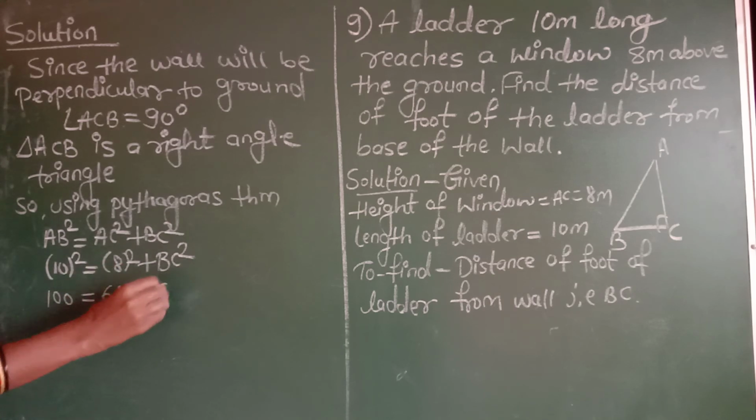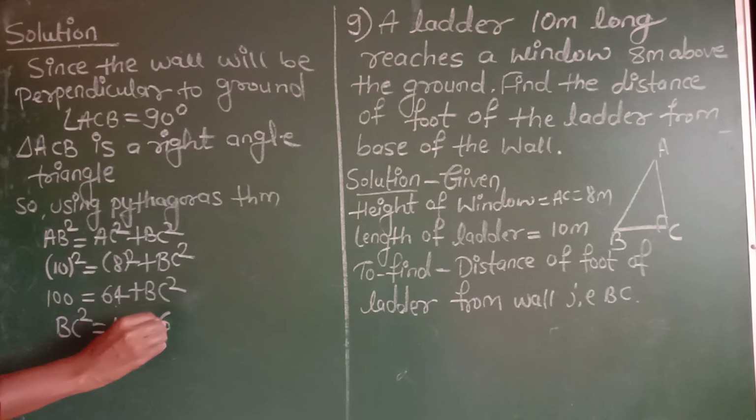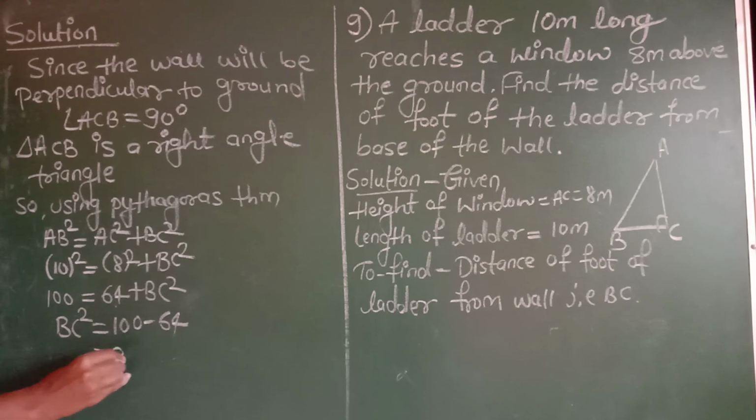Taking 64 to this side, 100 minus 64 gives 36. Taking the square root on both sides, BC is 6 meter. So the distance of the foot of the ladder from the base of the wall is 6 meter.